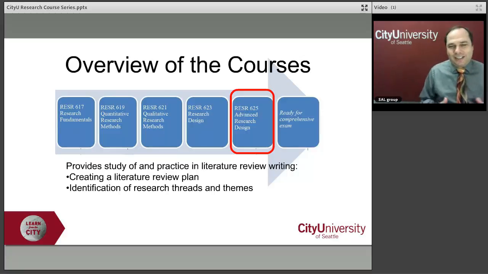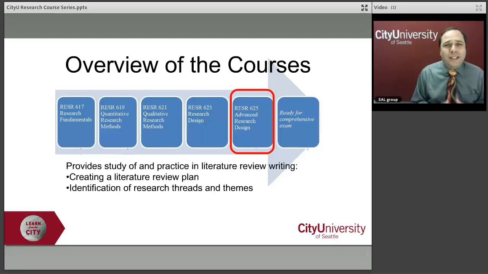For starters, that's not the right way to look at research, but also, quite importantly, it would be very difficult to remember one from the next. So we give you a plan for how to review salient research in the area you are interested in. And then you get started on looking at the research.